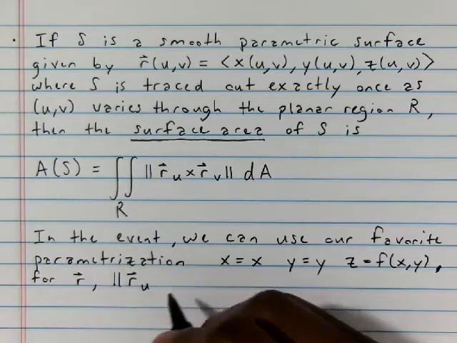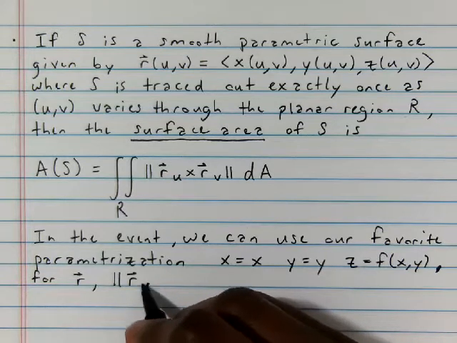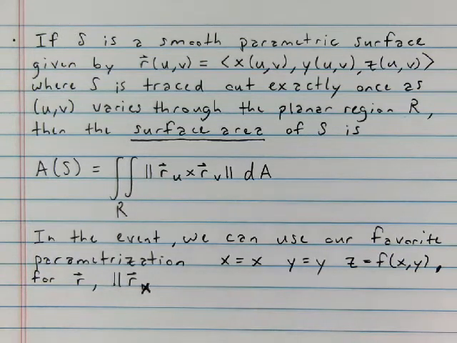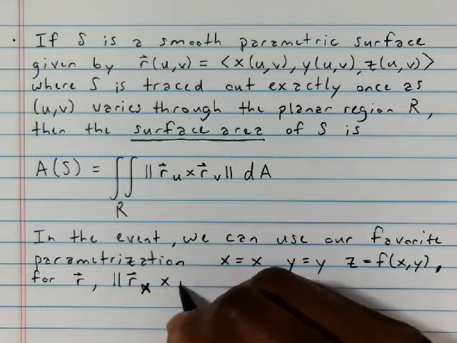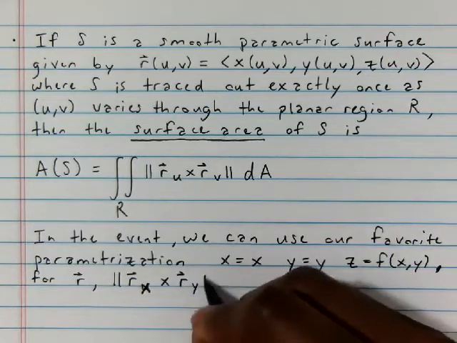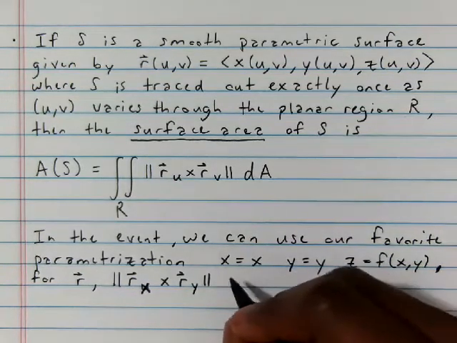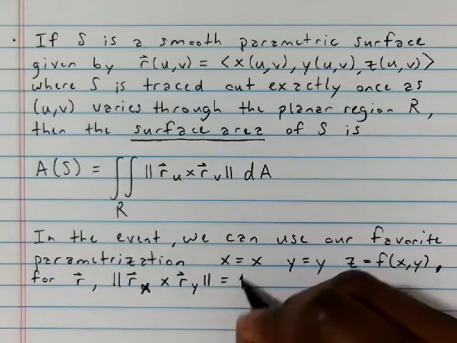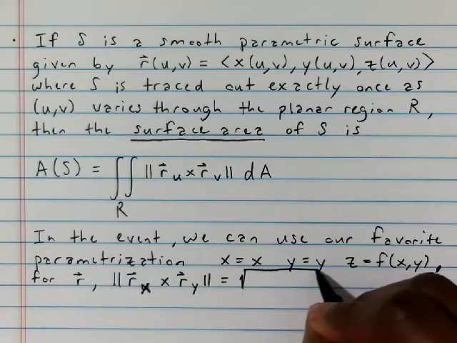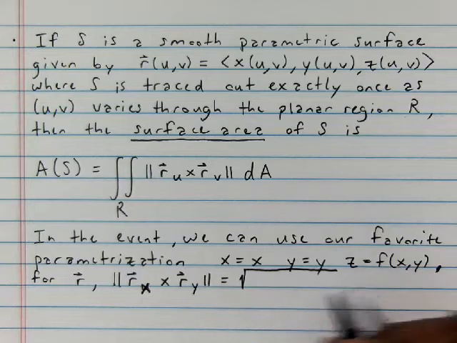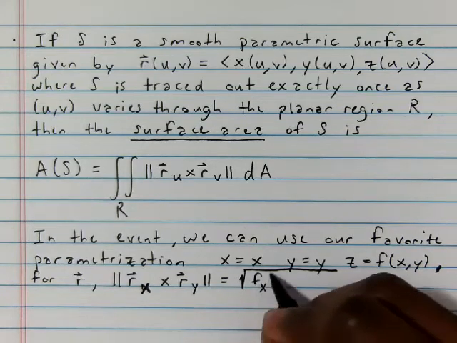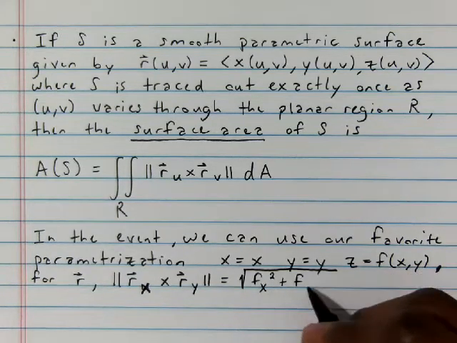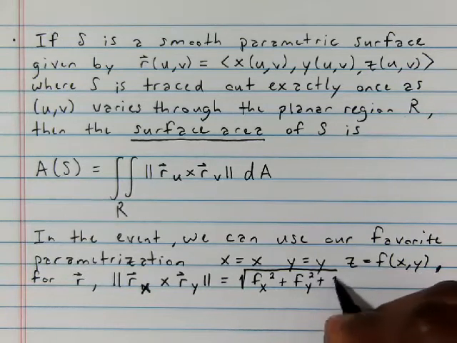The magnitude of R sub x cross R sub y, because our parameters are x and y, equals the square root of f sub x squared plus f sub y squared plus 1.